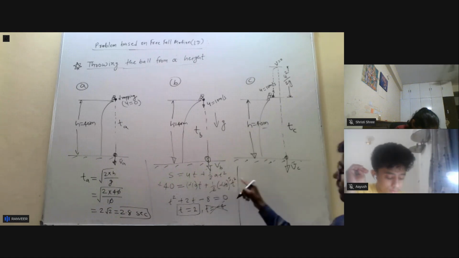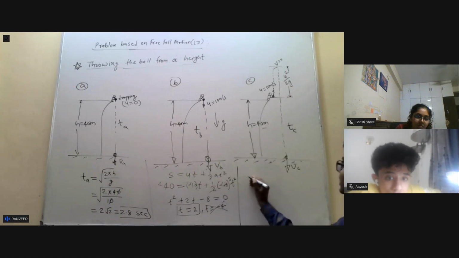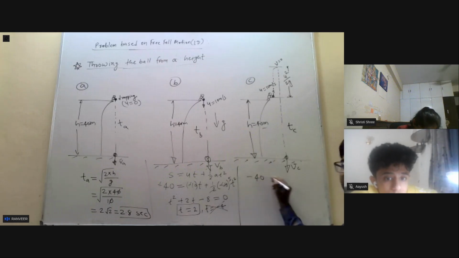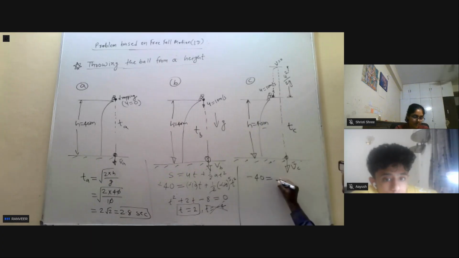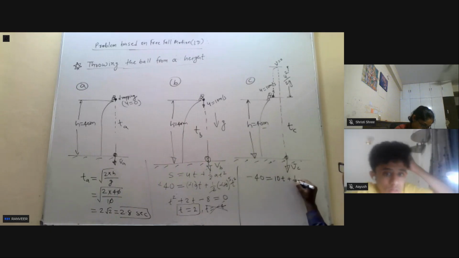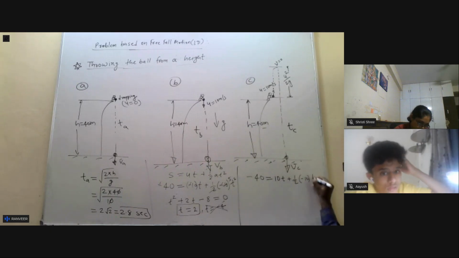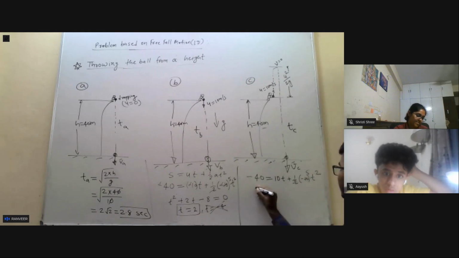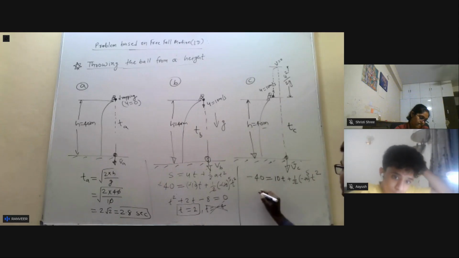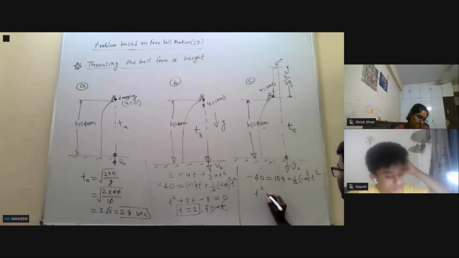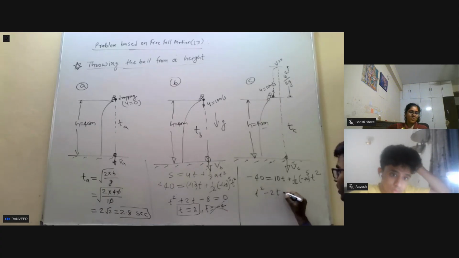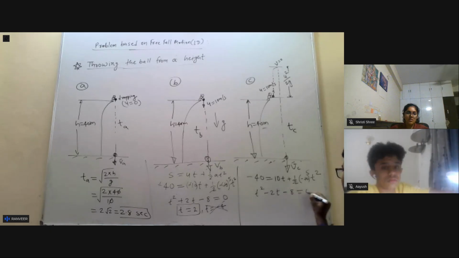Let's see this one. S equal to ut plus half at square. What is the S here? Minus 40. U is positive, means 10 into t. A is minus 10, so half a t square is minus 5t square. So it will become t square minus 2t minus 8 equal to 0.